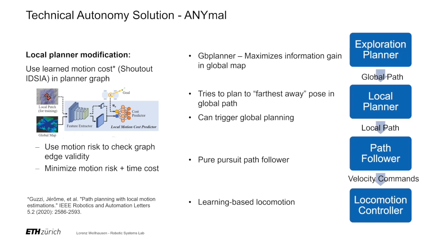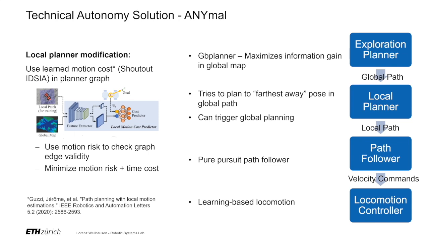So we need a local planner afterwards to follow this global path. How this works is it just tries to always go to the farthest away pose in the global path. So in a way, it functioned as a glorified path follower, but much fancier than a regular path follower. Also, the local planner can trigger global planning.